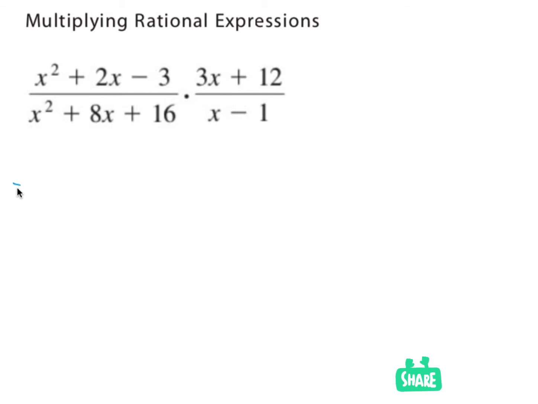Okay, so here we can factorize first x square plus 2x minus 3.